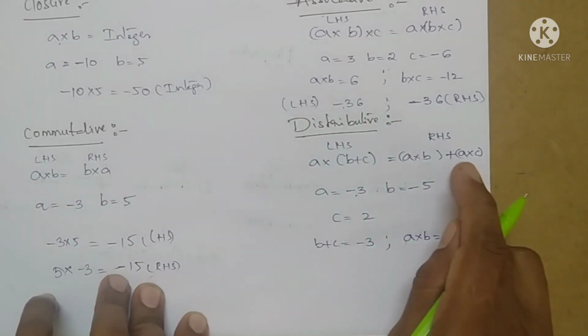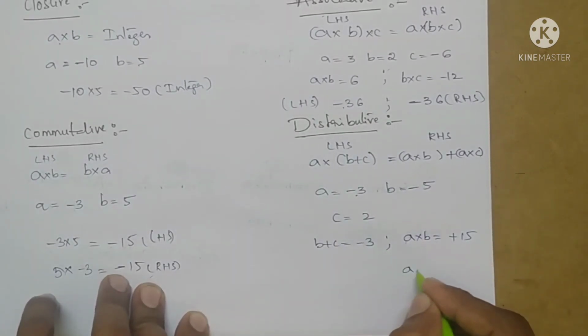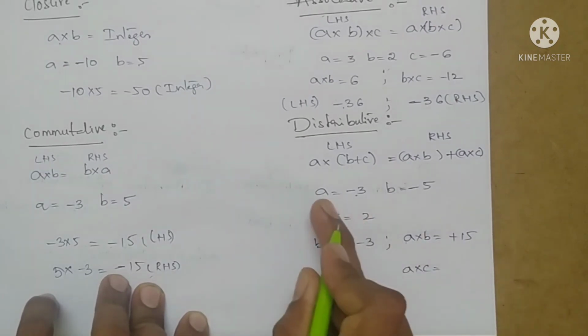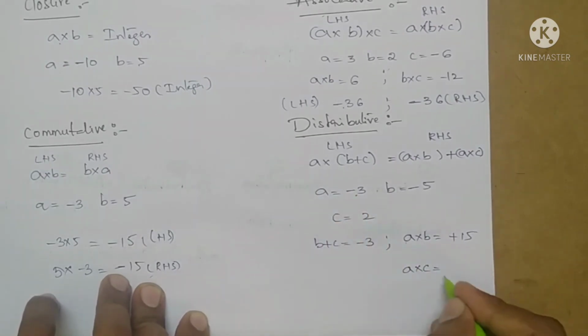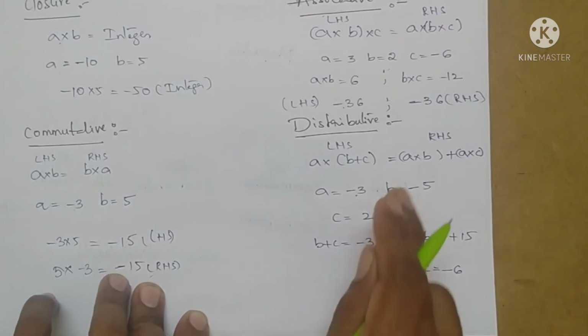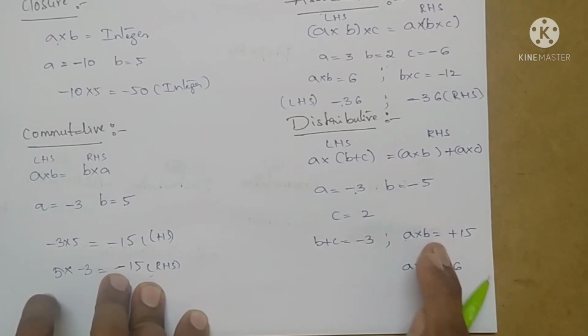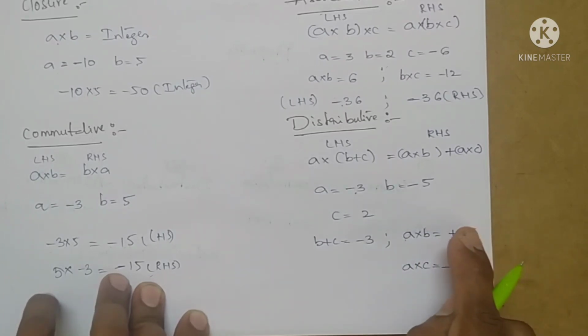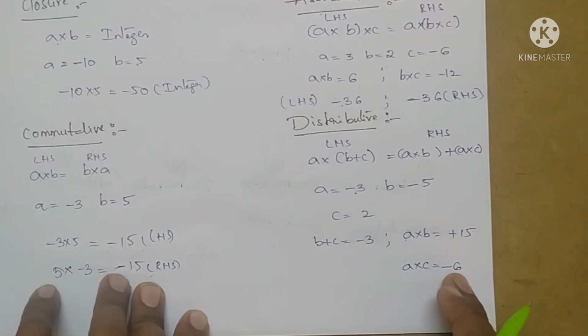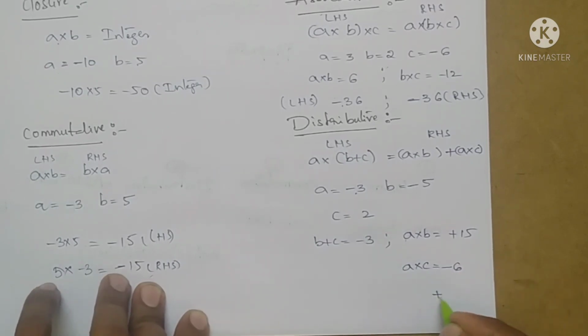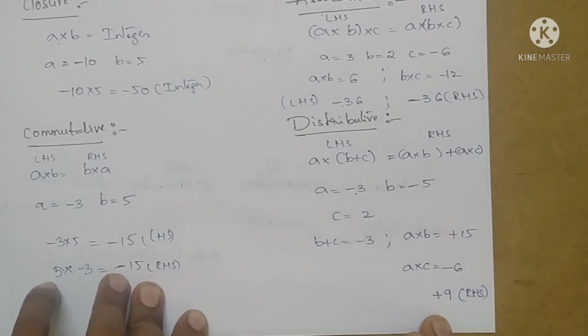And next again we have to find a into c. So a into c, plus into minus is minus, 3 2s are 6. So the sum of a into b and a into c, plus 15 minus 6, resultant is plus 9, right? This is the RHS side result.